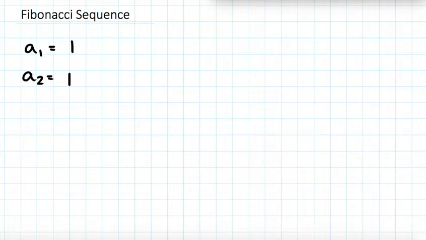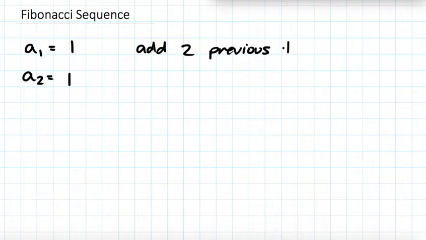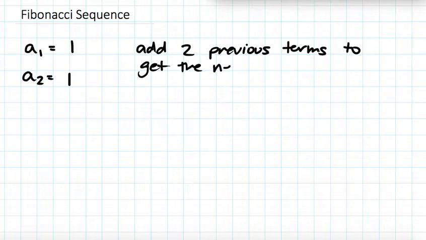To get terms after that, you add the two previous terms to get the next term. So the third term is going to be 1 plus 1, which is 2.